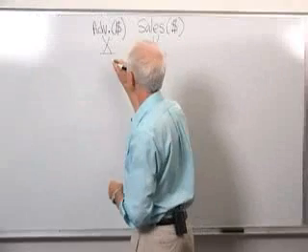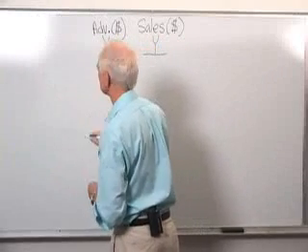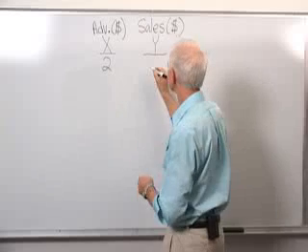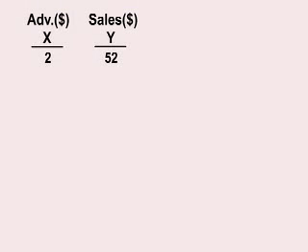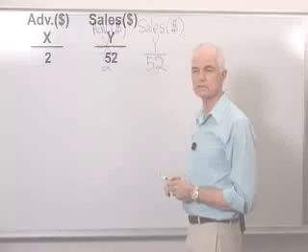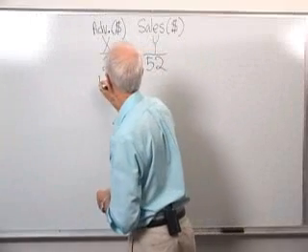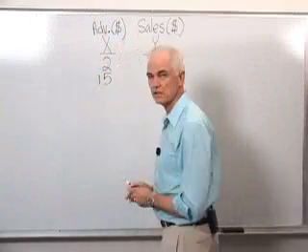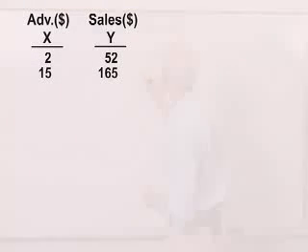So one company spent $2 million on advertising and as a result realized $52 million in sales. Another company advertised for $15 million with the resulting sales of $165 million.